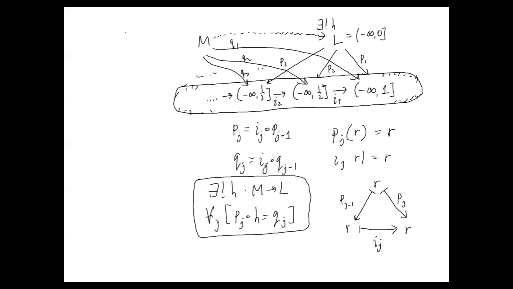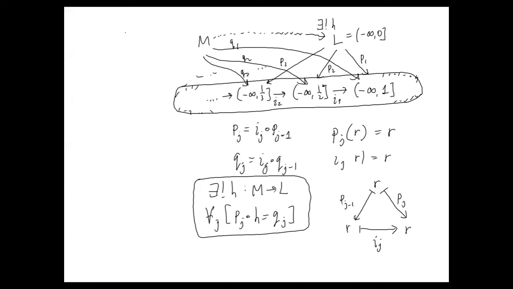So we build a cone over our diagram, and now we want to check that this cone is the limiting cone. In other words, that it's the limit of the diagram. So we take any other set M and arbitrary functions Q1, Q2, Q3, and so on.